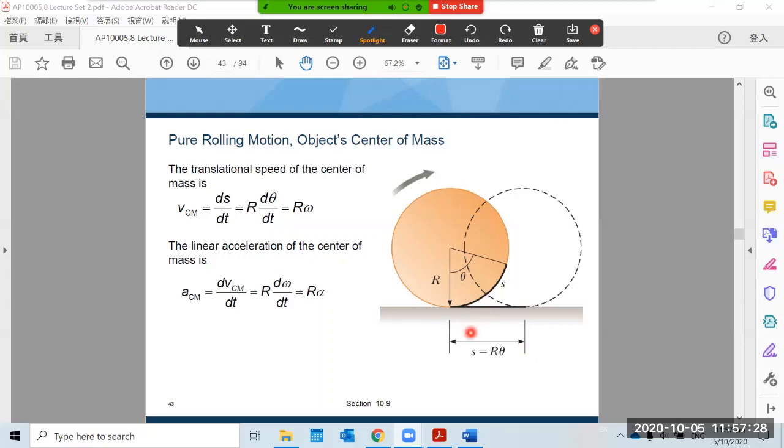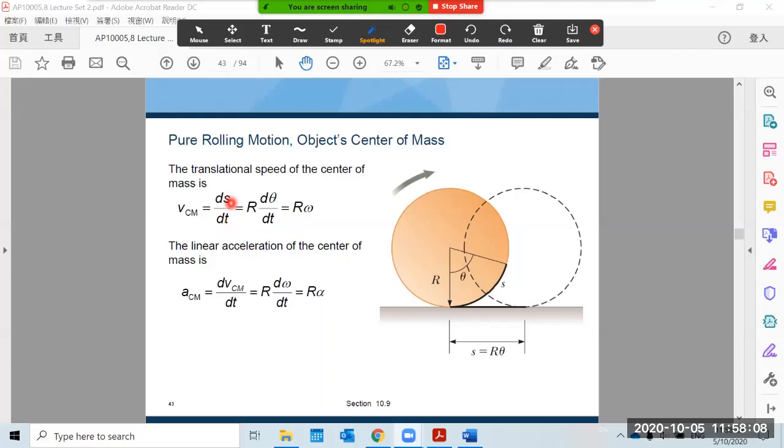Because the surface of the cylinder has moved by a distance of 2 pi r, the center of mass of the cylinder should also cover the same distance. So the center of mass has a linear motion that is related to the angular motion. The center of mass has a linear velocity that is equal to ds over dt.